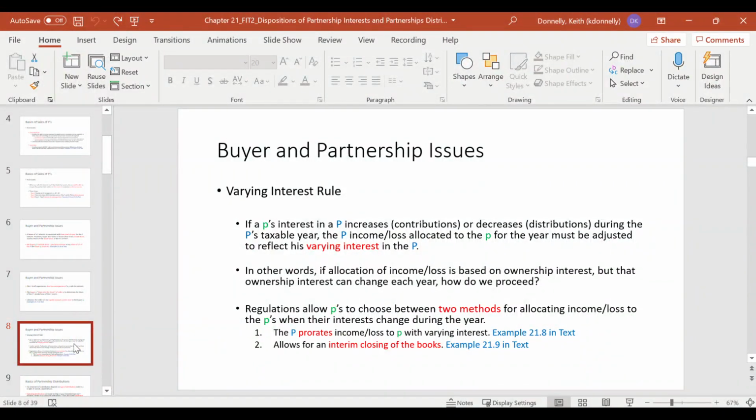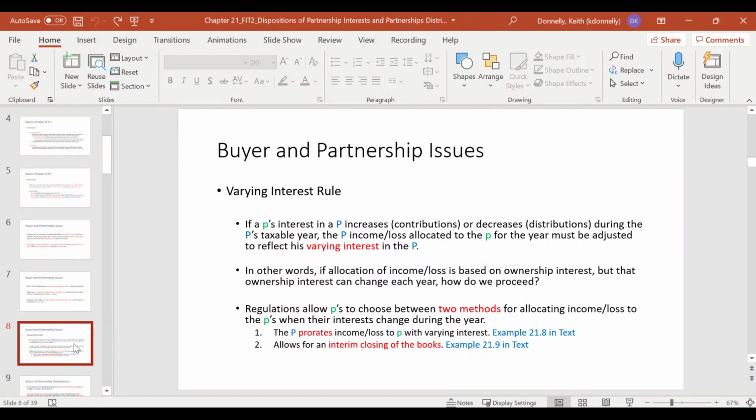The next thing here is the varying interest rule. As an overview, if a partner's interest in a partnership increases, because they contribute more capital, or decreases from a distribution during the year, then income or loss during the year has to be allocated to reflect this varying interest.